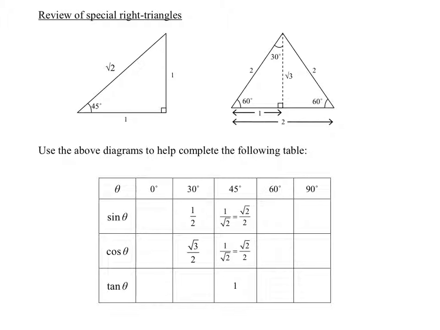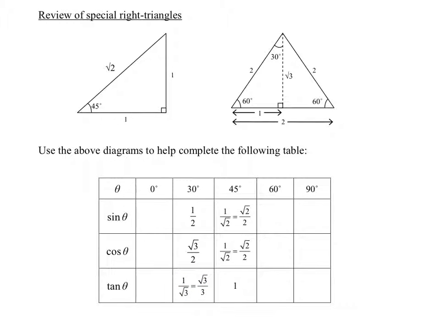And the tangent of 30 degrees, again, it's the opposite over the adjacent, so 1 over square root of 3, and that's the tangent of 30 degrees. You'll notice that it's possible to rewrite 1 over root 3 as root 3 over 3.